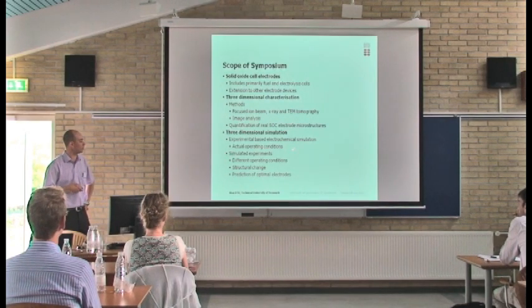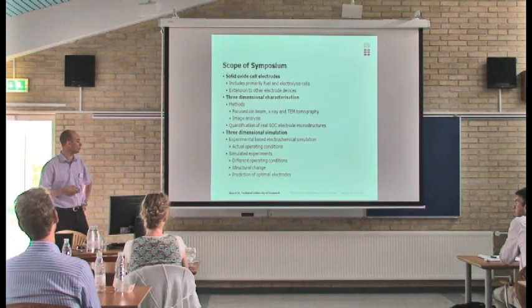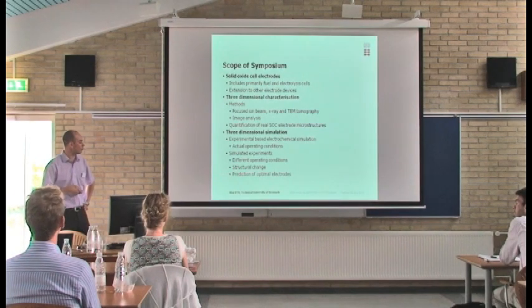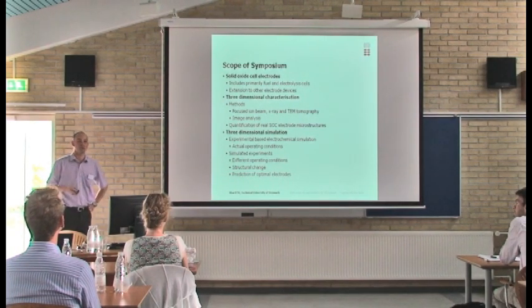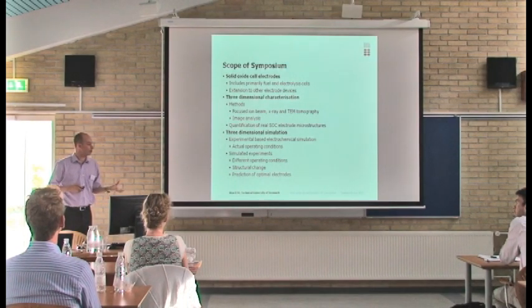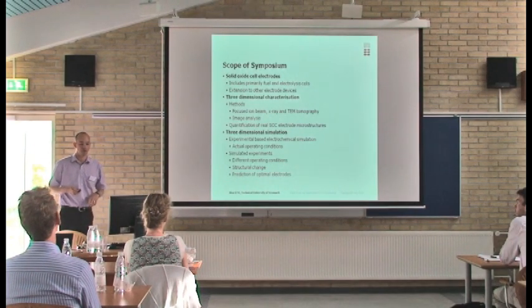You can also think about taking this a step further and doing simulated experiments where we take a structure that we have reconstructed and then simulate different operating conditions, or we could simulate structural change over time of this structure. Another thing that I think would be very exciting for the field to get into is predicting optimal structures. So we make synthetic structures based on what we know about the electrodes, and then test hypothetical structures for their performance and use this to design future electrodes.